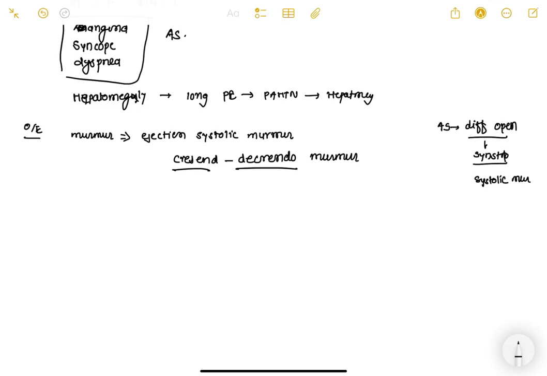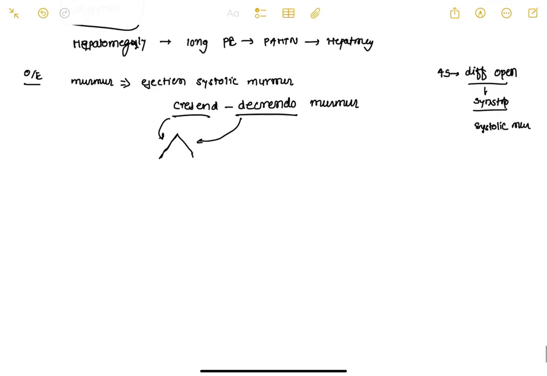Crescendo means there is an initial increase. Why is there an initial increase? Because there is difficulty in opening the aortic valve, and as soon as the aortic valve opens, there is a sudden gush of blood that flows from the left ventricle to the aorta. So as soon as the flow is maintained, the murmur decreases. So that's why it is crescendo and decrescendo.